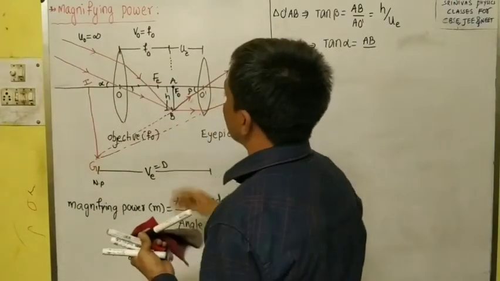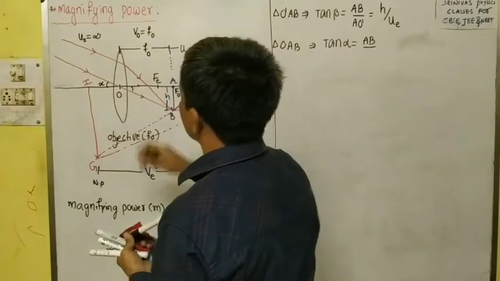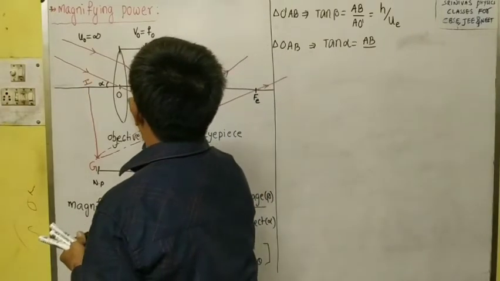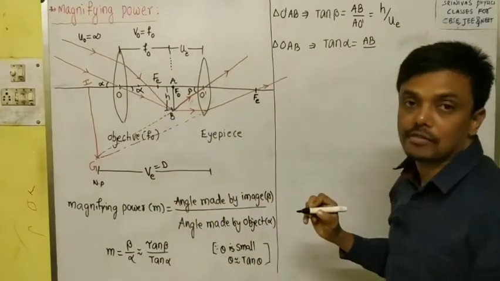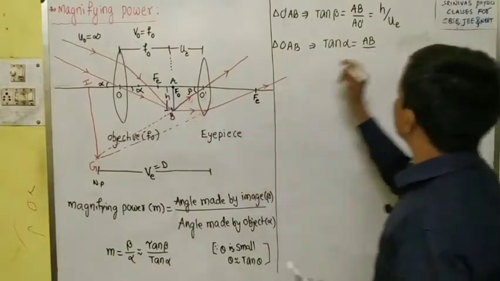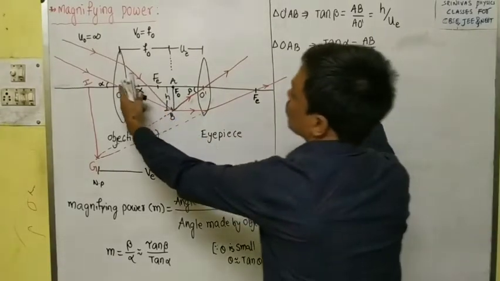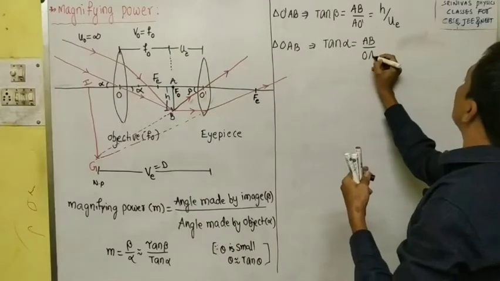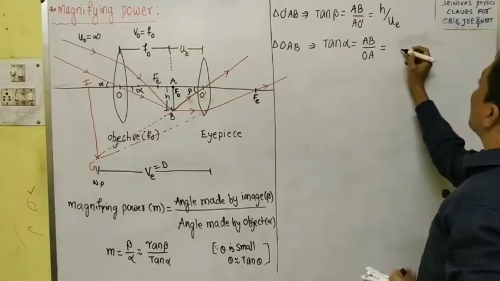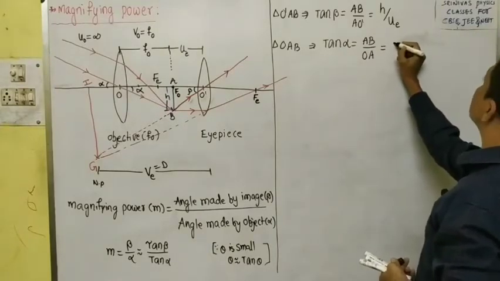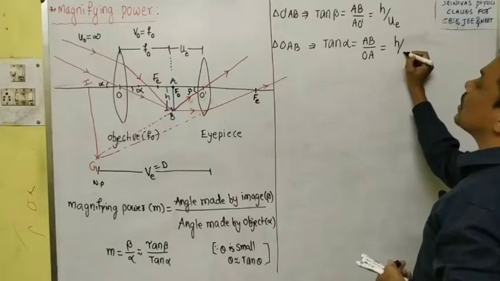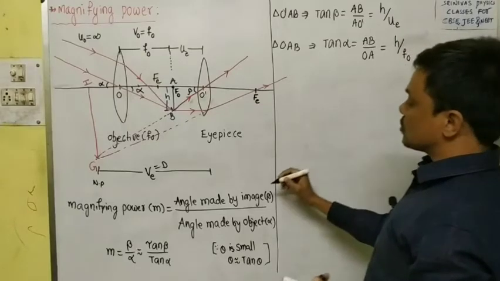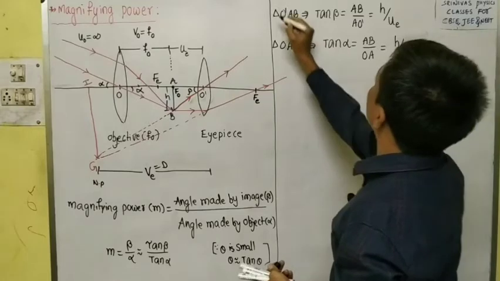I will write clearly. Alpha opposite side is AB by adjacent side OA, and now this we write as H by OA, whose value is F naught.